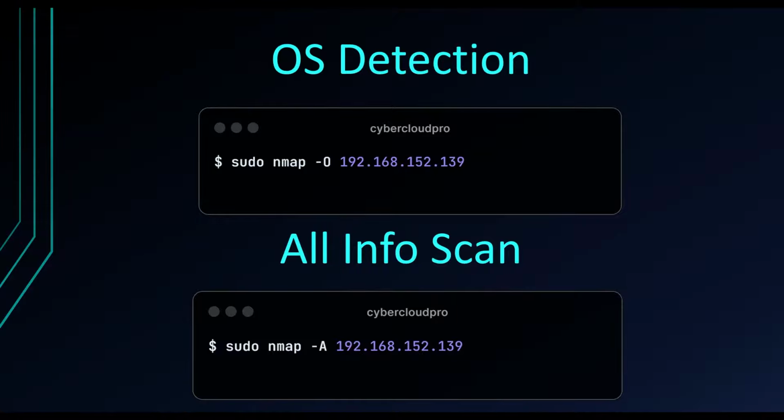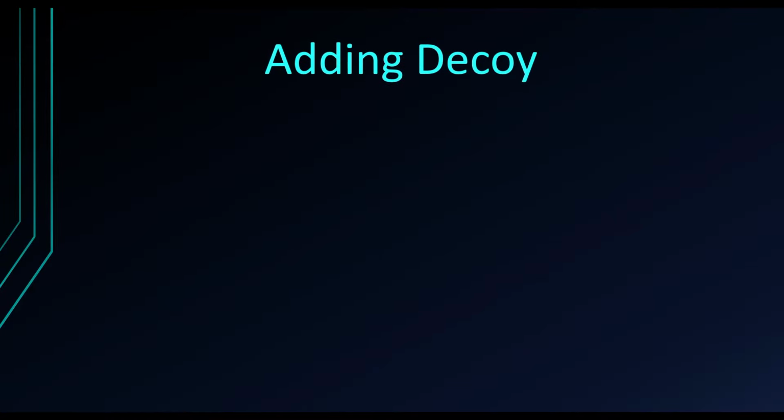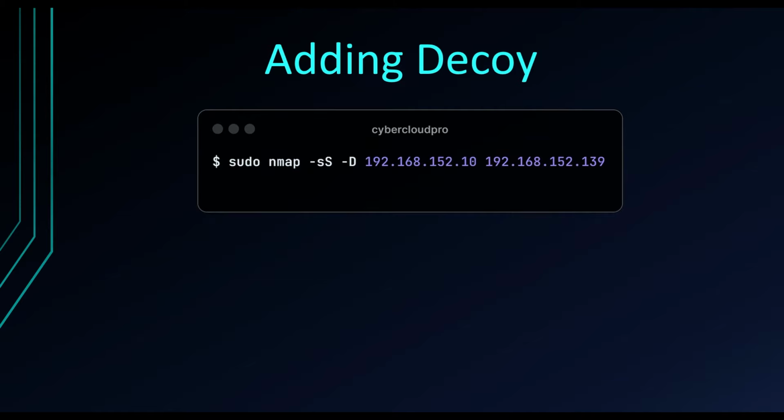But this is also a simple thing. What if you want to add a decoy? Yes, you can add decoys with Nmap. To add a decoy, we'll use the -D option, -D and the IP of the decoy. So this IP will act as a decoy. Before, it was just our IP sending the TCP handshake SYN packets to the target machine or the target network.